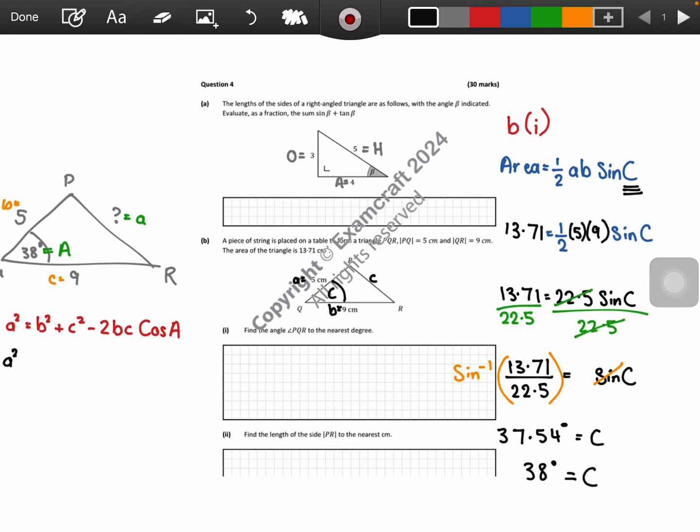So I'm going to get A squared is B squared, so 5 squared, plus C squared, so 9 squared, minus 2 times B times C times the cosine of the angle A, so 38.